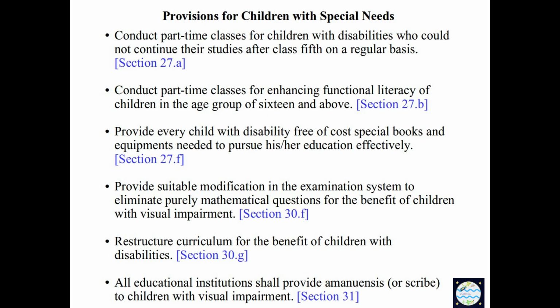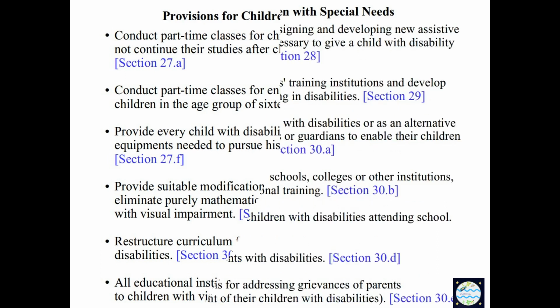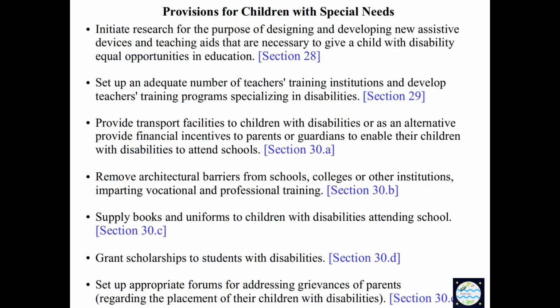Restructure curriculum for the benefit of children with disabilities. All educational institutions shall provide amanuenses or a scribe to children with visual impairment. Initiate research for the purpose of designing and developing new assistive devices and teaching aids that are necessary to give a child with disability equal opportunities in education.